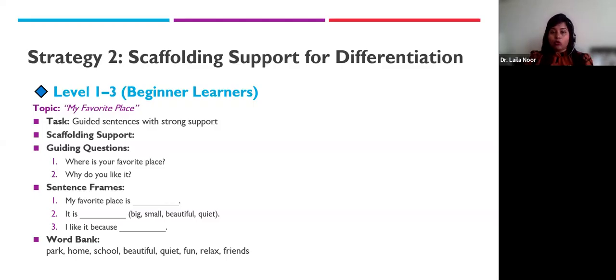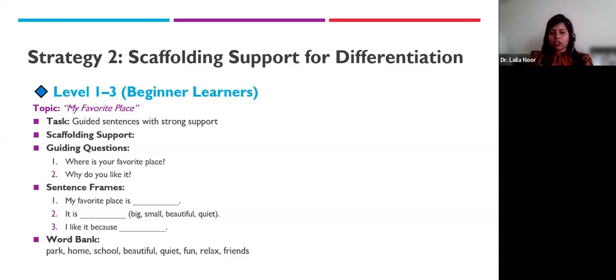So guided support so that they can work on their thinking capabilities and develop those things. For that, we can provide some guided questions like, what is your favorite place? Why do you like it? In this regard, we can also provide some sentence frames based on their proficiency level. So it will help them to brainstorm and then express their ideas.